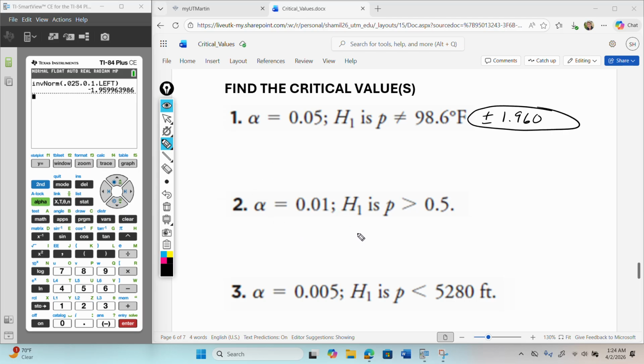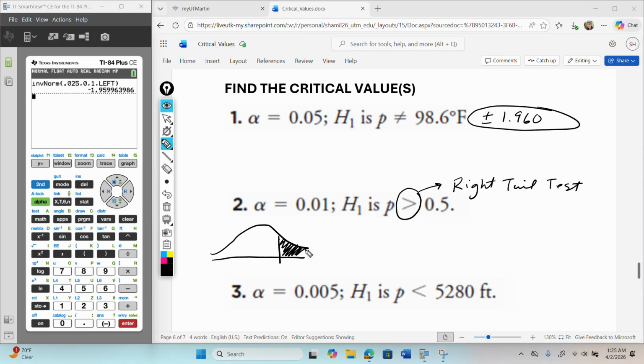All right, now what about this one? We look at the symbol in the alternative hypothesis, and so we're going to have a right tail test. So all of the rejection region is in the right tail.